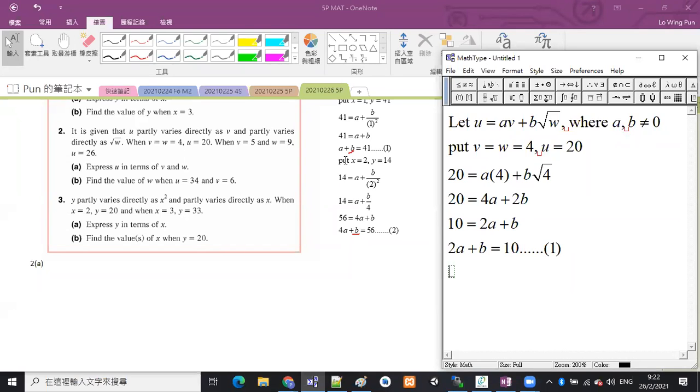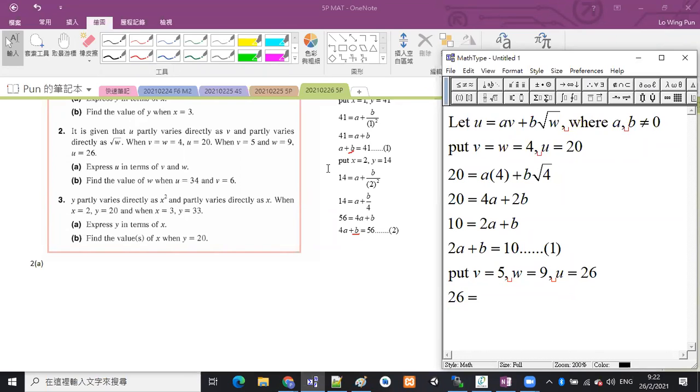Okay, and then we find the second group of numbers when v is 5, w is 9, and u is 26. So we just put v is 5, w is 9, and u is 26 into our equation.